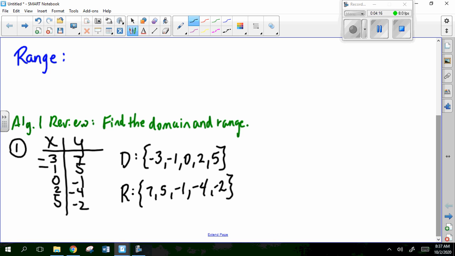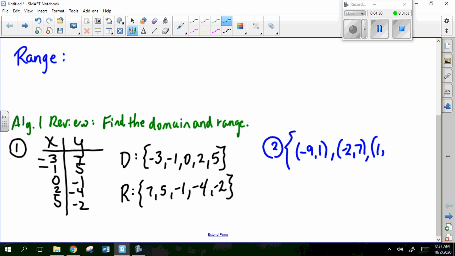All right, let me give you another example from Algebra 1. Sometimes you were given ordered pairs like this and asked to find the domain and range.